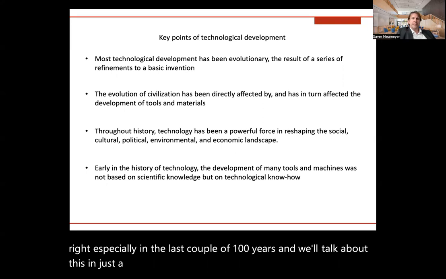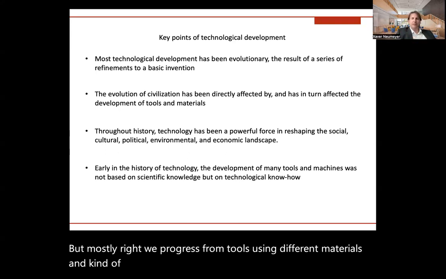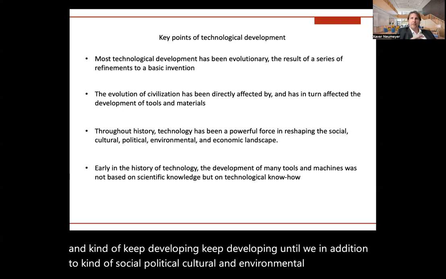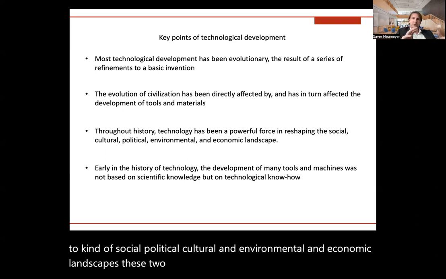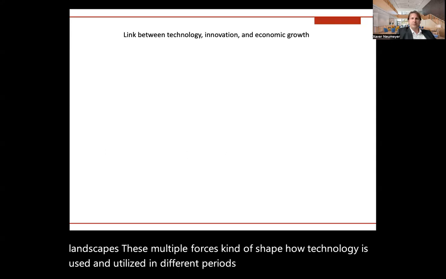We'll see some stats on that. But mostly, we progress from tools using different materials and keep developing until, in addition to social, political, cultural, environmental, and economic landscapes, these multiple forces shape how technology is used and utilized in different periods and different circumstances.